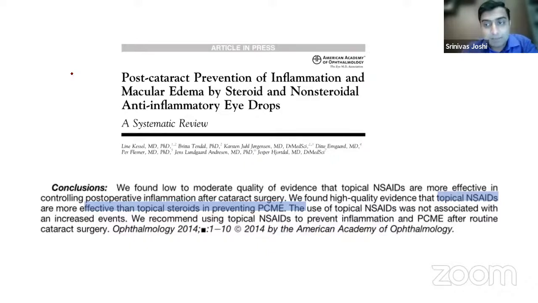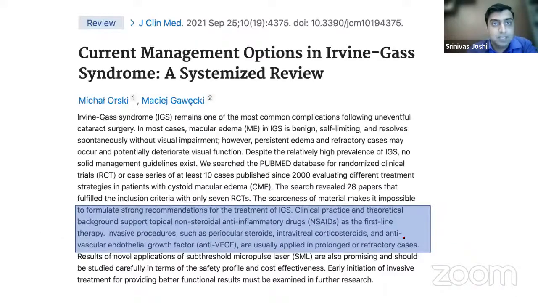But let's look at this paper by AAO, which says that they found high quality evidence that topical NSAIDs are more effective than topical steroids in preventing PCME. This is by AAO in 2014. Now let's look at this meta-analysis published in 2021.